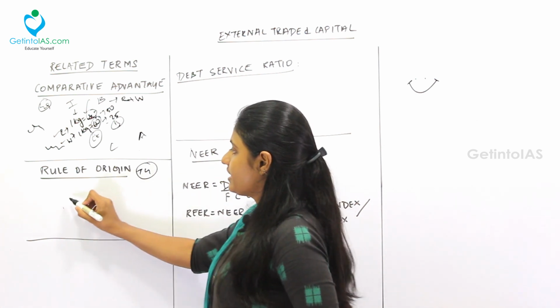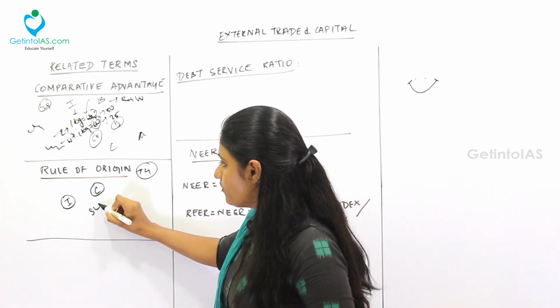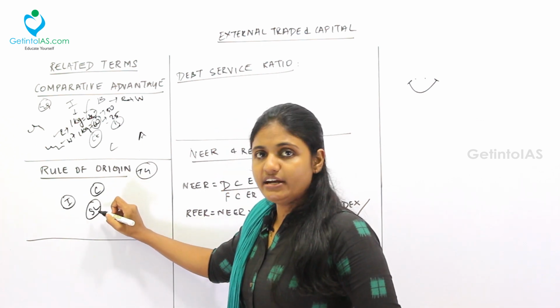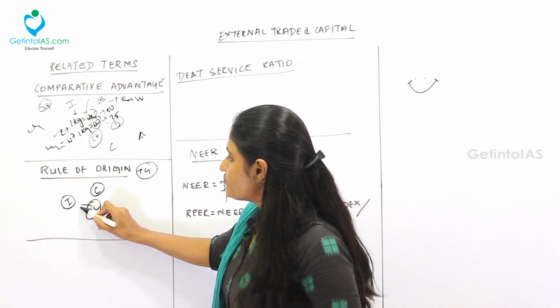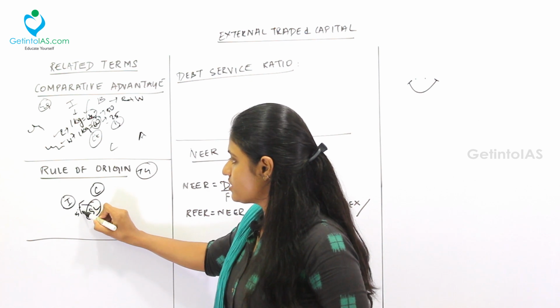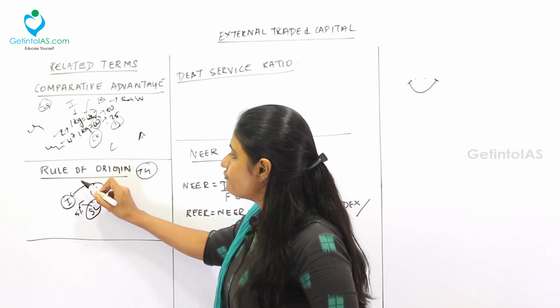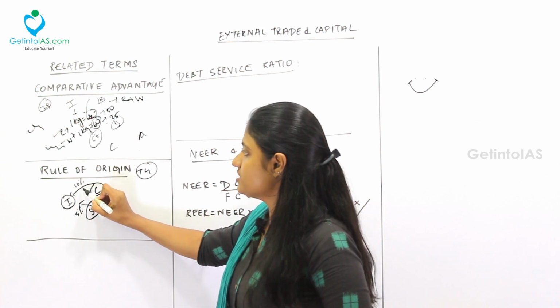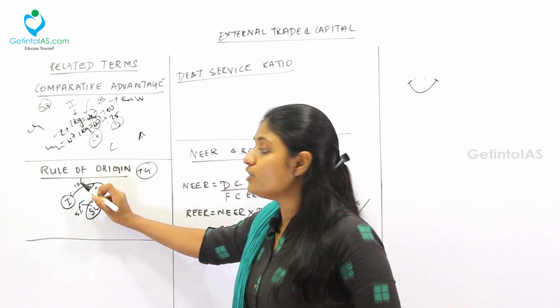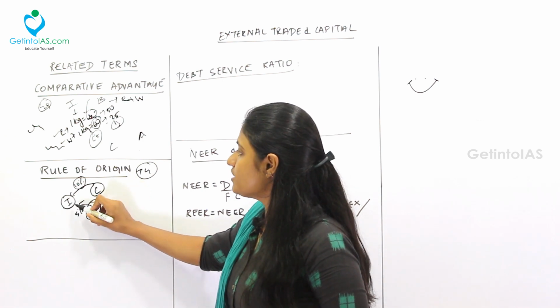For example, take India, China and some other middle country like Sri Lanka. See, if India is importing certain goods from Sri Lanka, the tariff for that is only 5%. But the same goods, if imported from China, the tariff will be 10%. China has to pay a lot of tariff if it sends its goods directly from China to India.